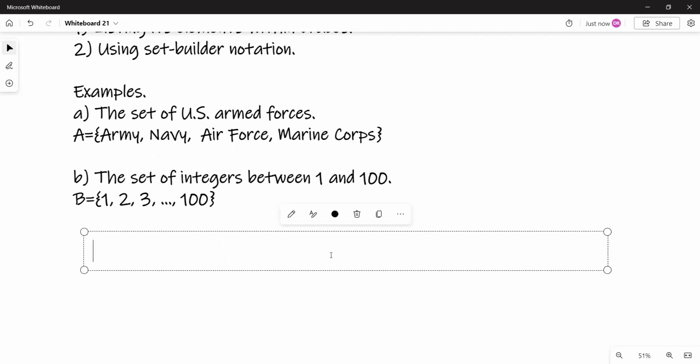Okay, sometimes it is not convenient to use braces. And if the elements of a set share some common characteristics, we can use set builder notation.